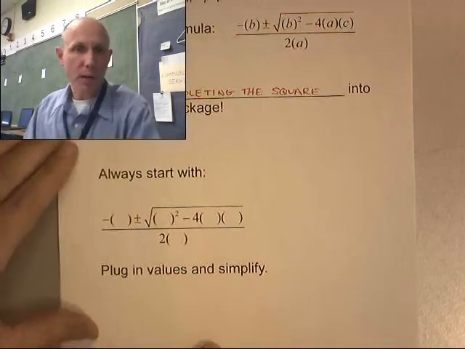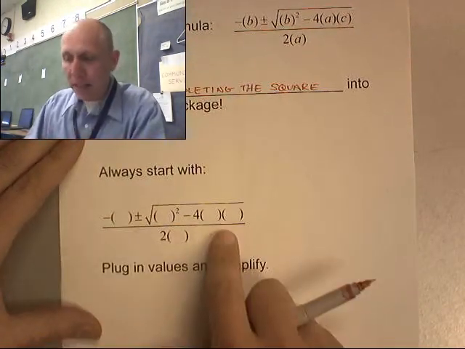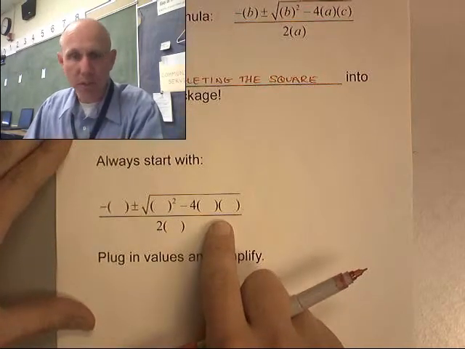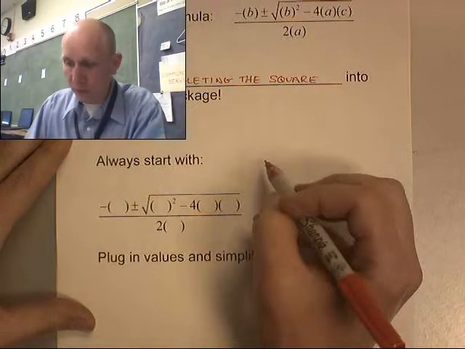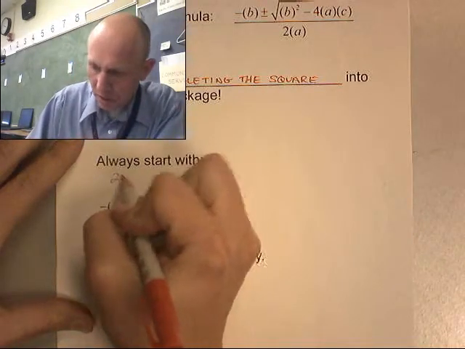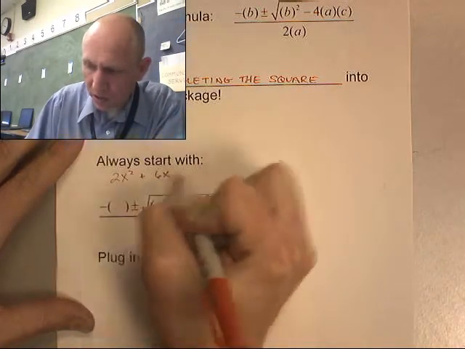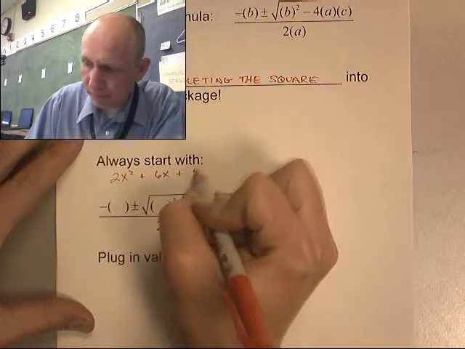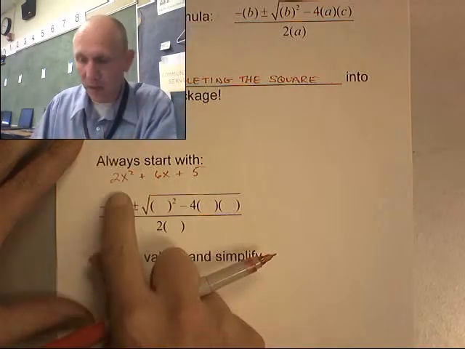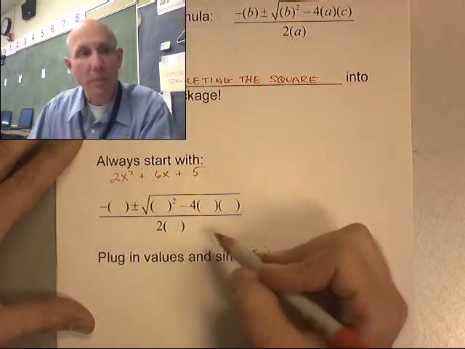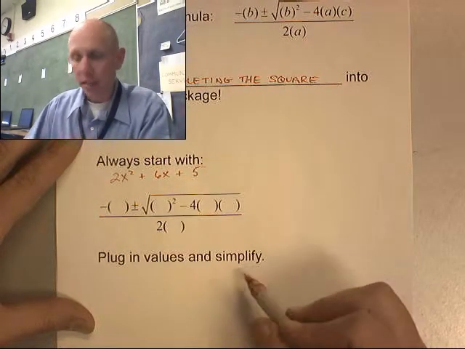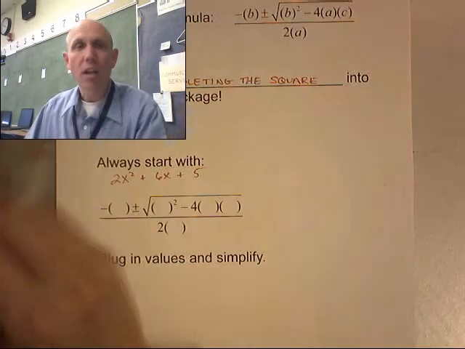When you start a problem, write this down first. Write it down. Every problem. You're going to write down the problem, like 2x squared plus 6x plus 5. Write down the problem and write the formula down with parentheses, and then start plugging the pieces in and simplifying it.